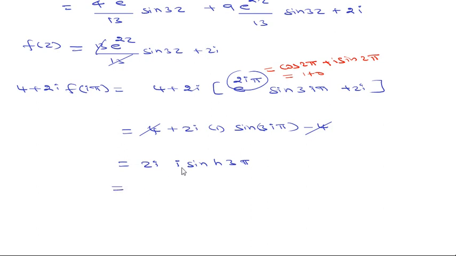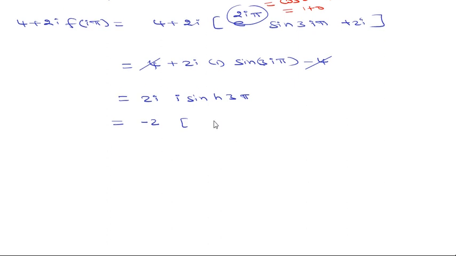So this is equal to 2i into 2i. 2i into I is 2i square, minus 2. So now we will express this in terms of exponential function. So e power 3 pi minus e power minus 3 pi divided by 2, these two will get cancelled. So the answer is e power minus 3 pi minus e power 3 pi.